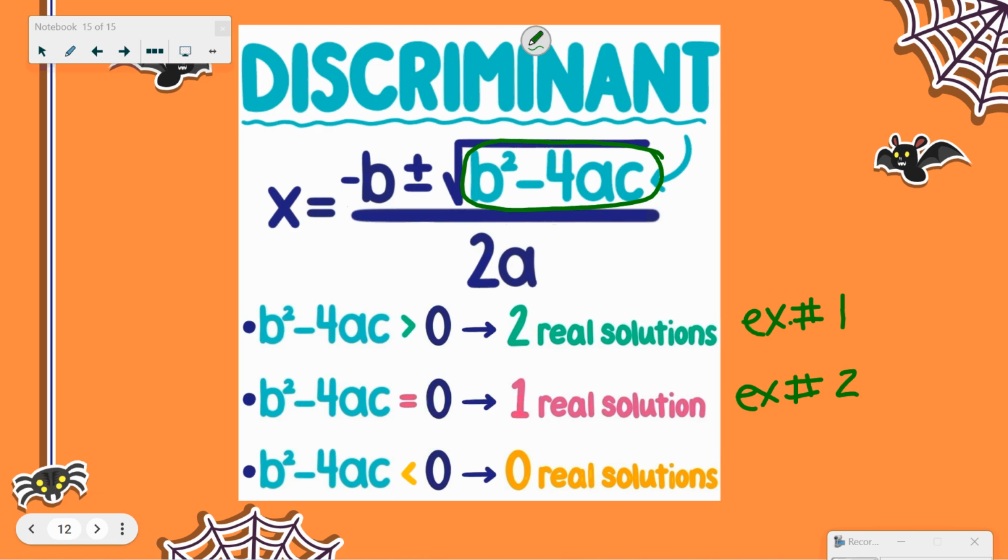Now, if my discriminant ends up being less than 0, a negative number, that was like the situation we had in example number 3. I'm going to end up having 0 real solutions because what are these solution types? Imaginary or complex. So you might say 0 real solutions or 2 complex or imaginary.